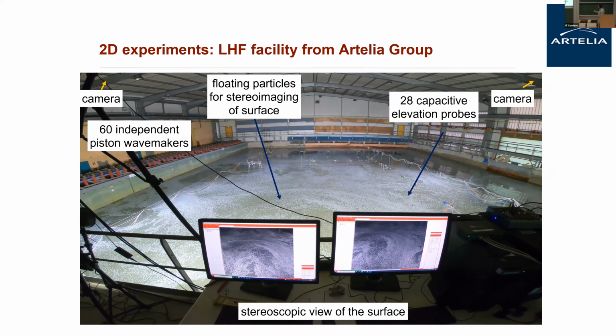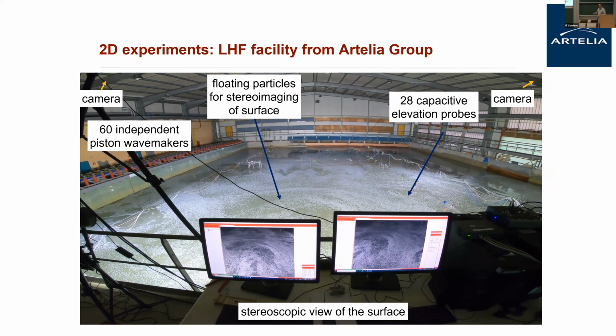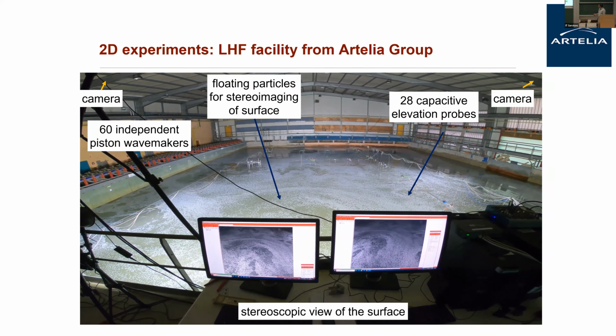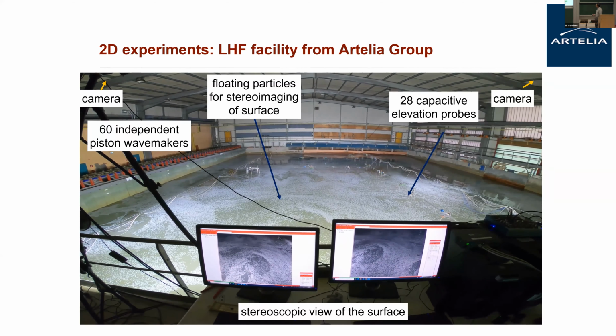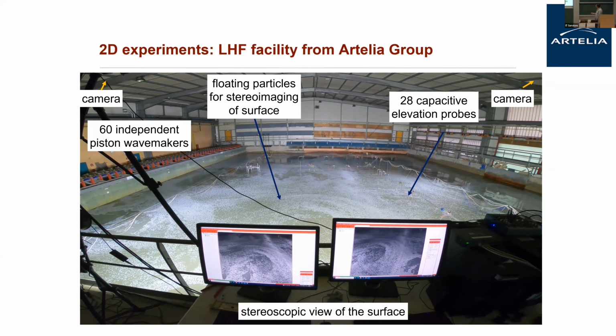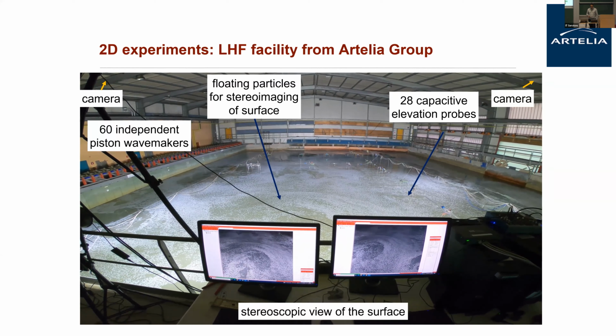And we have two cameras that are just outside the field of view of this movie, so in the corners here, looking at the surface, so that you have a stereoscopic view of the surface. You see in the two displays at the bottom the image seen from each camera, and when there is a soliton going there, you see the motion seen from your two eyes somehow.